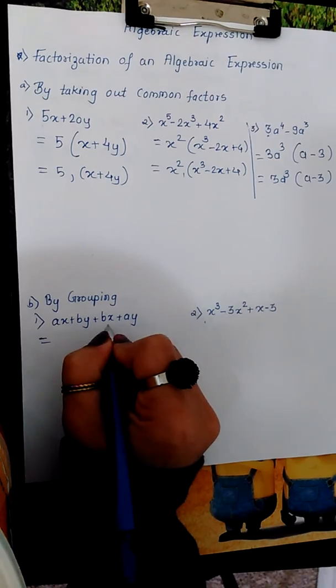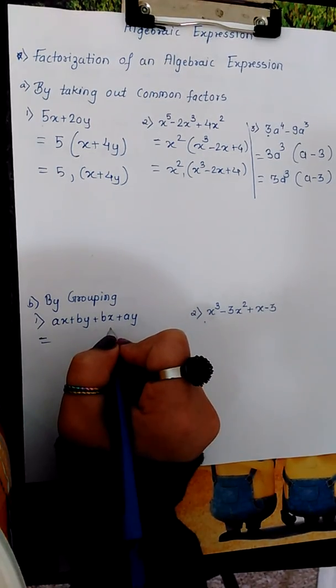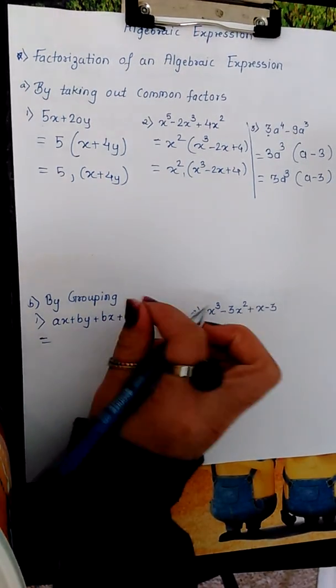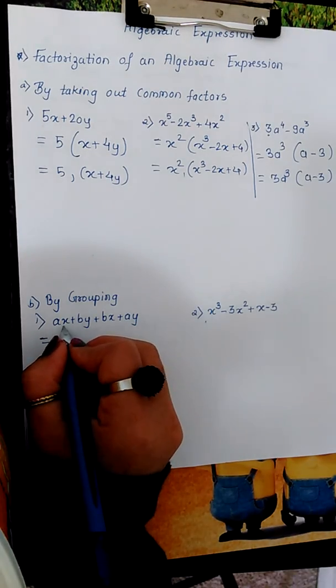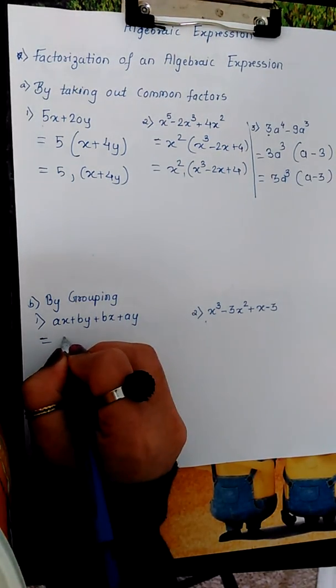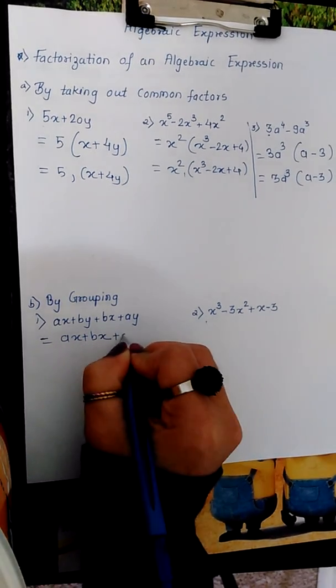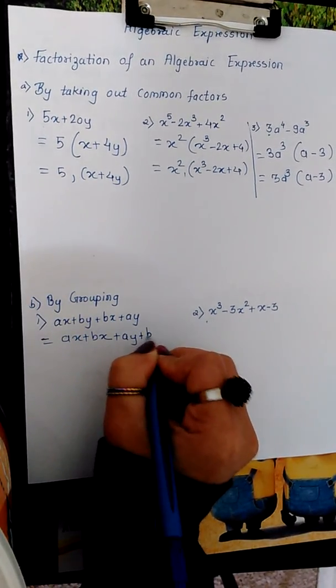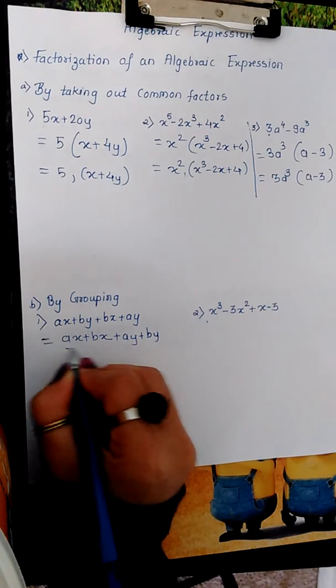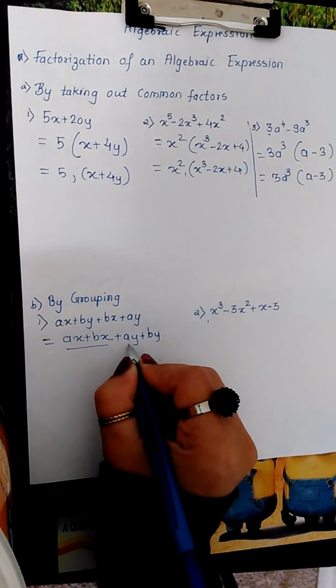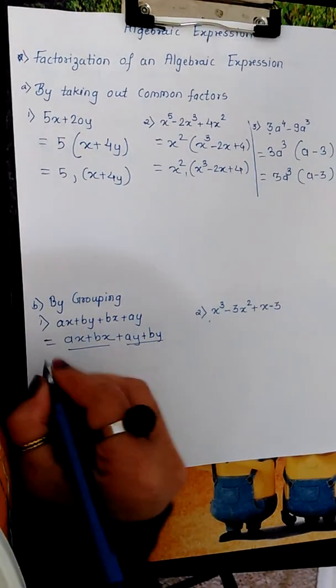Here ax and bx can be rearranged together so they contain the common factor x. So it will be ax plus bx plus ay plus by. Here x will be common and here y will be common.